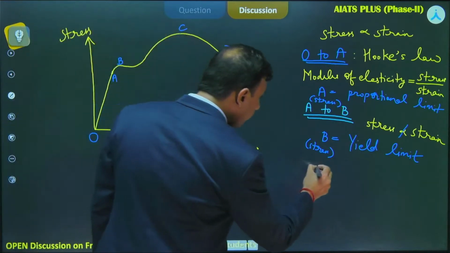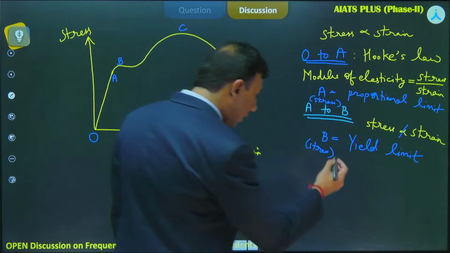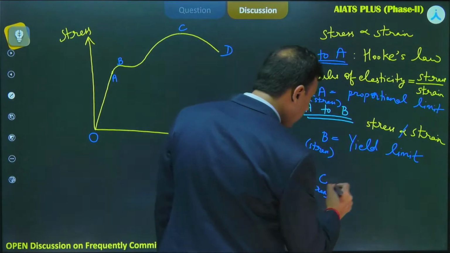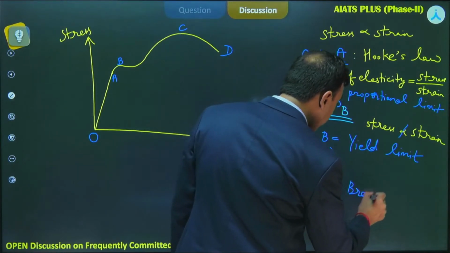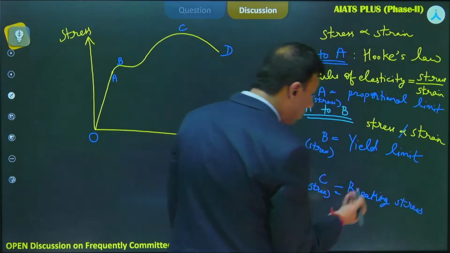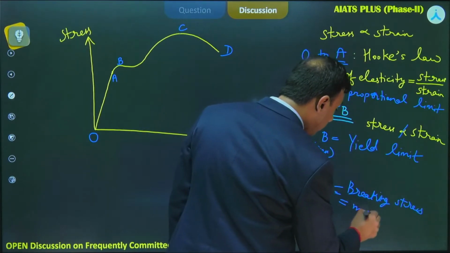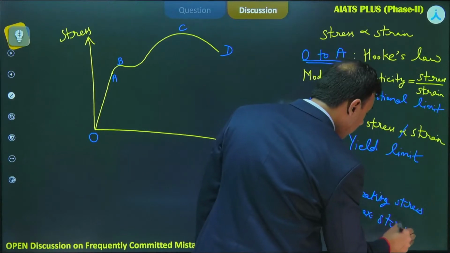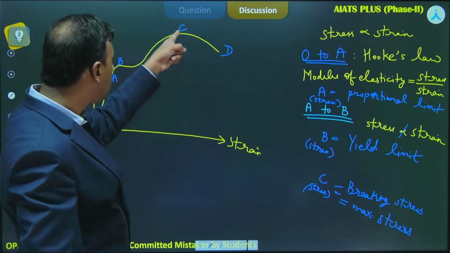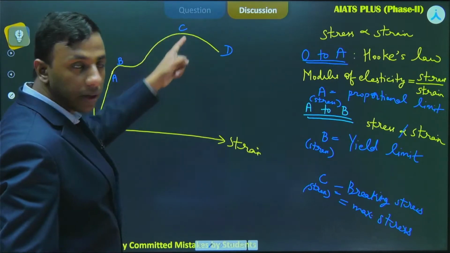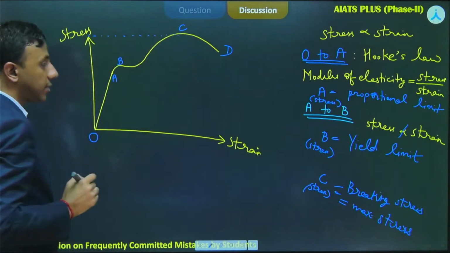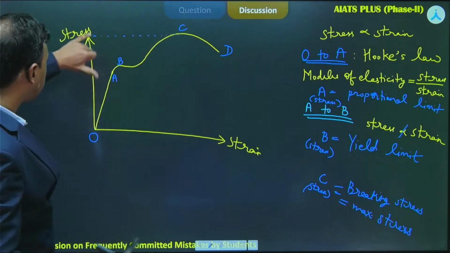And the C point, we call it breaking stress, or we can also call it maximum stress. For this whole material, C is the maximum stress that is being applied. If you draw dotted lines on this stress axis, this much is the stress.